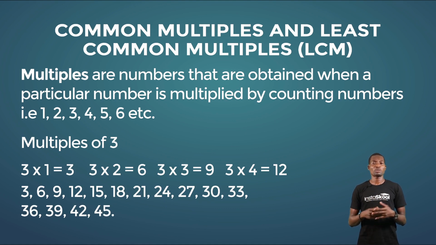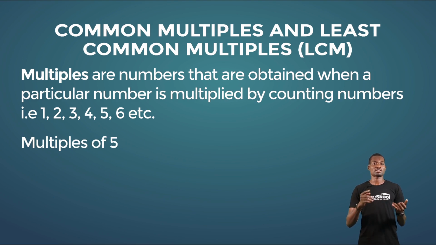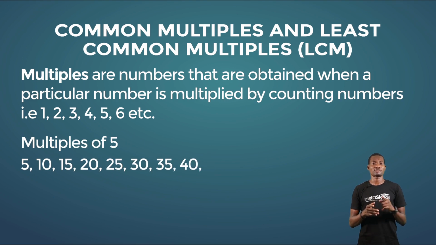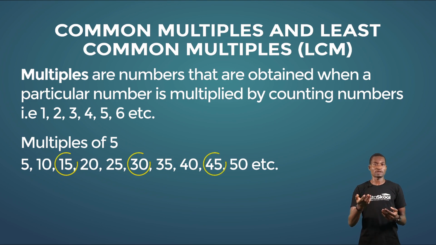That's right. What about the multiples of 5? That is 5, 10, 15, 20, 25, 30, 35, 40, 45, 50, and the rest. Now you'd notice that in the multiples of 3, I mentioned 15, 30, and 45.